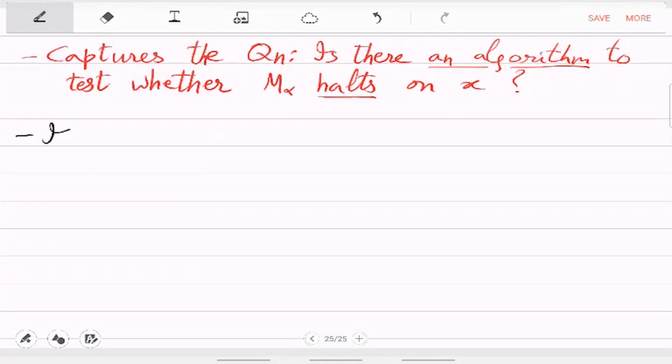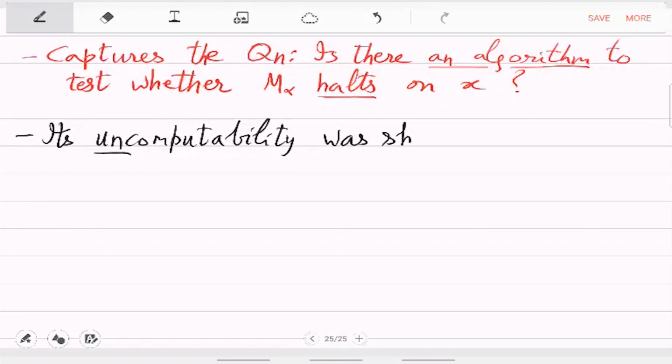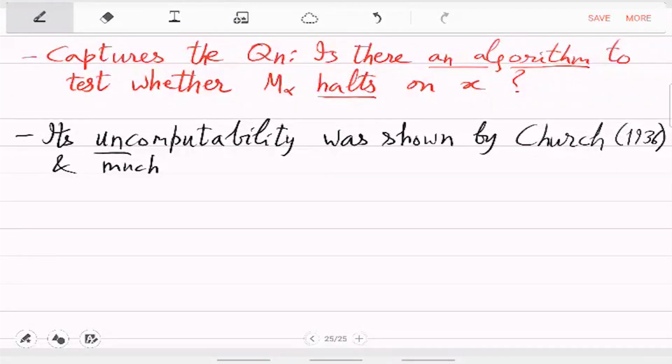So, its uncomputability was shown by Church, which was a very tedious proof, nearly a century back, and then much simplified by Turing.